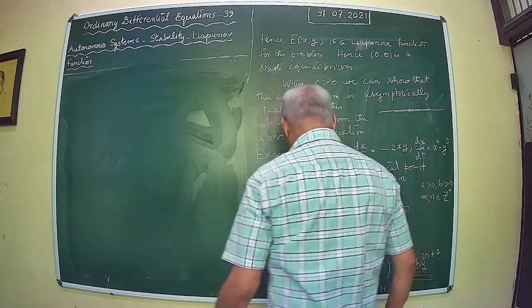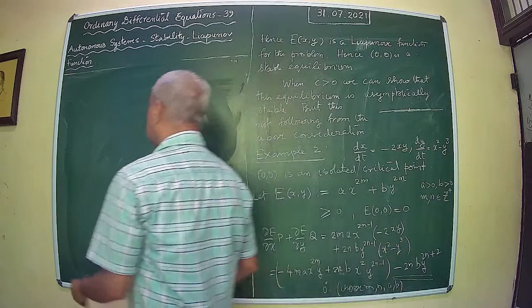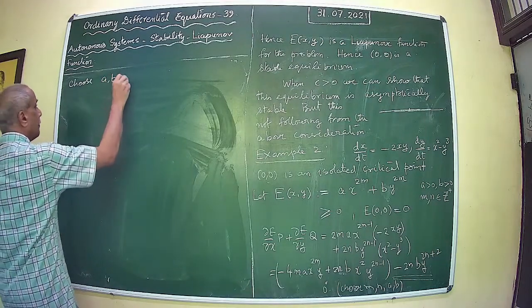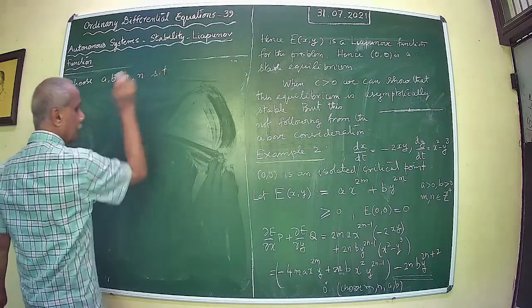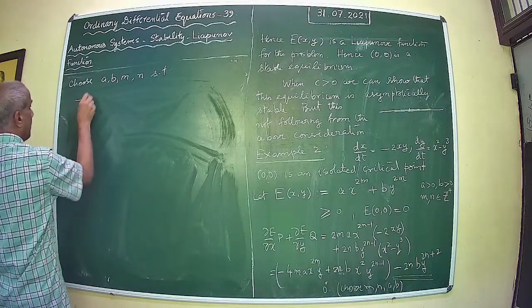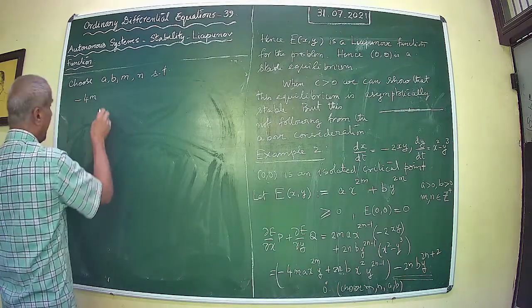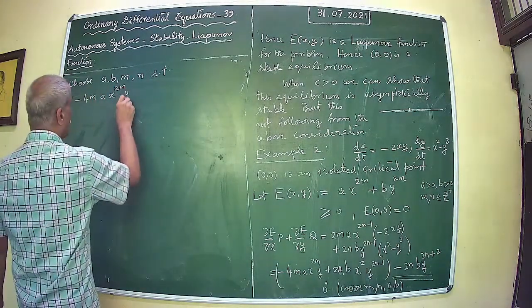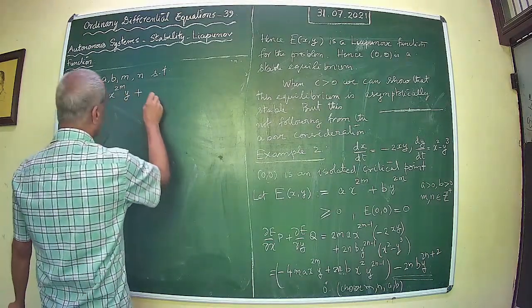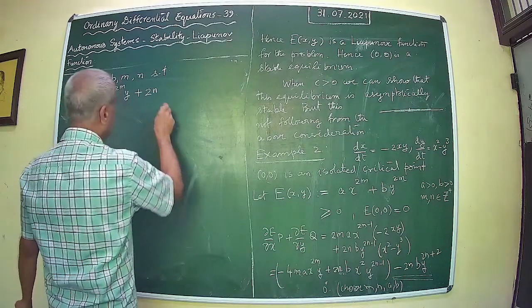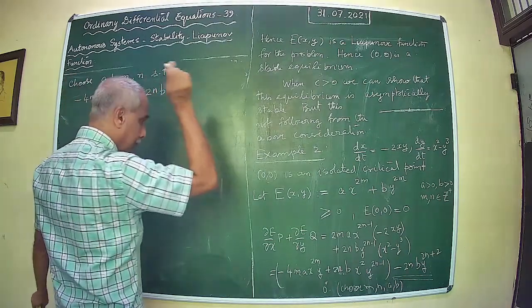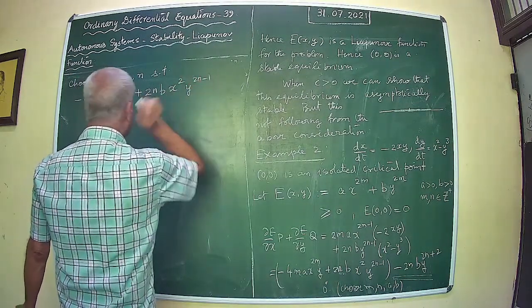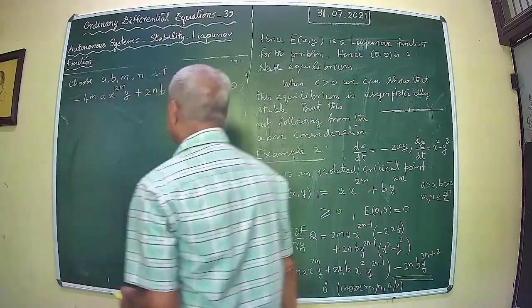So let me write that. So choose minus 4m a, see this is 0.